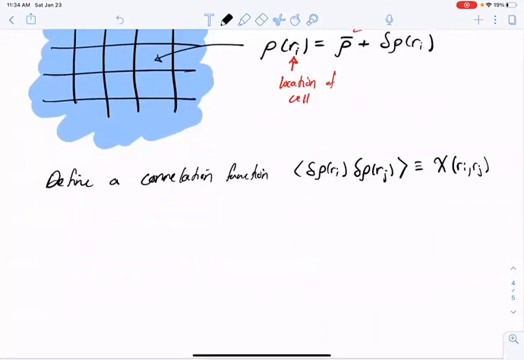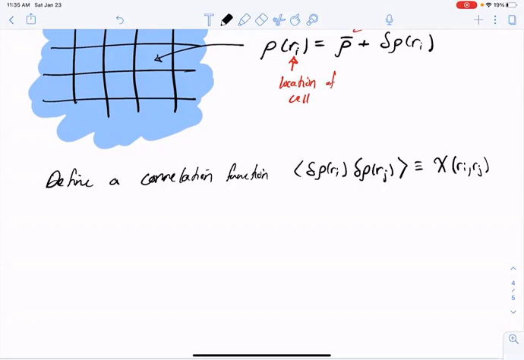Now, if all cells are equal and we have translational invariance, it shouldn't matter which particular cells I pick. The labeling shouldn't matter. Similarly, it shouldn't matter whether I, relative to J, is to its left or to its right.